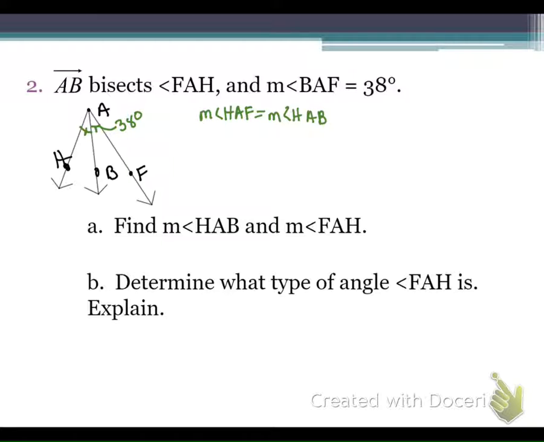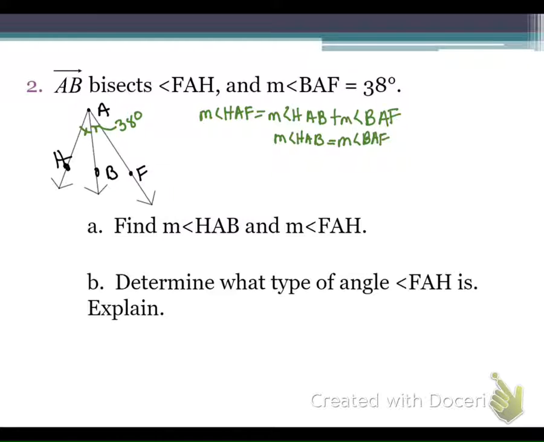HAB plus the measure of angle BAF. Thank you. What is our second step? Yep, Taylor? Set the 2 smaller angles equal to each other. Yep, we're going to set those 2 smaller angles equal to each other. Nice job, guys. Equals the measure of angle BAF.